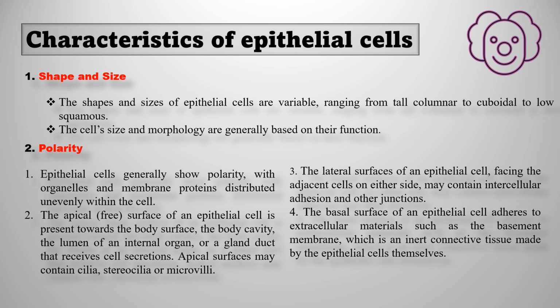Apical surfaces may contain cilia, stereocilia, or microvilli, and the three of them are modified structures to perform a specific function.